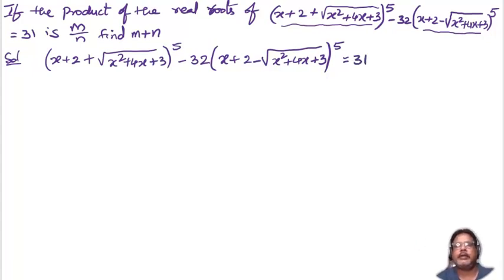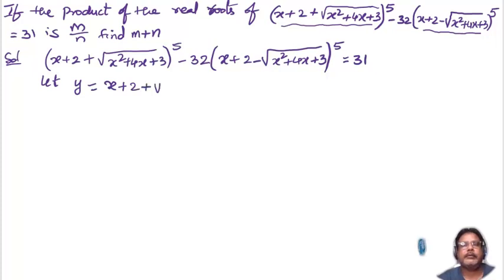Here you have to find the real values of x. First of all, let us take y = x + 2 + √(x² + 4x + 3).